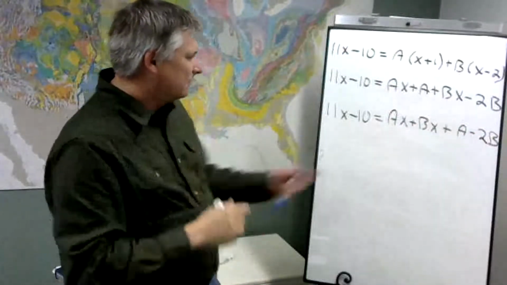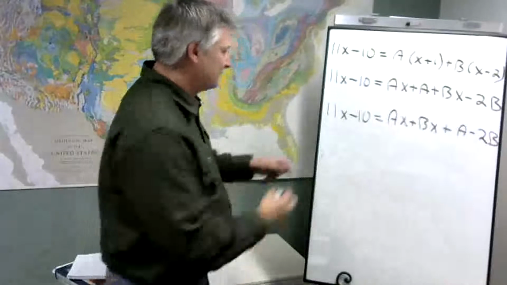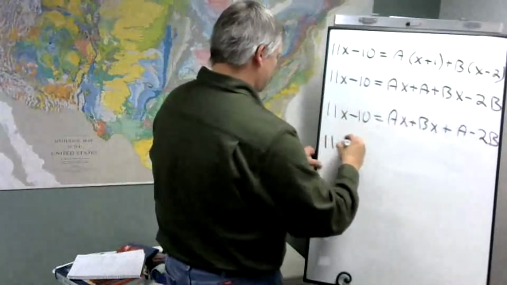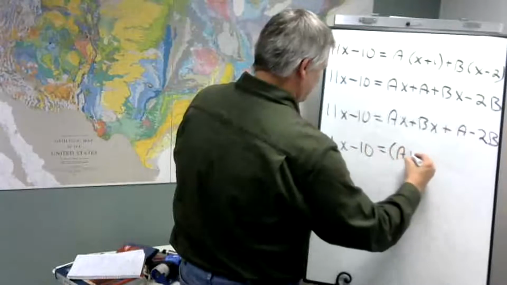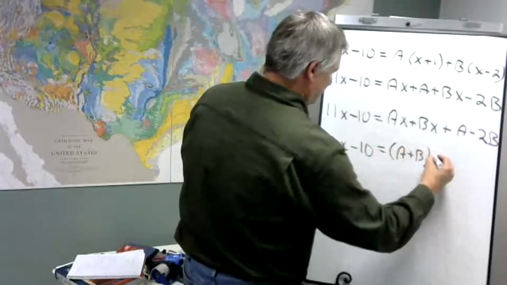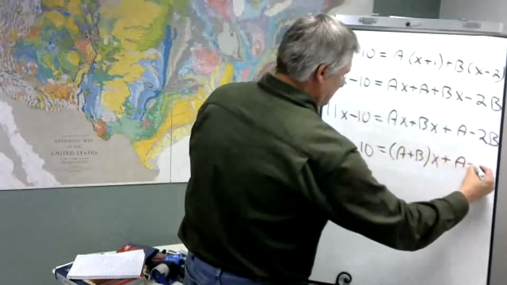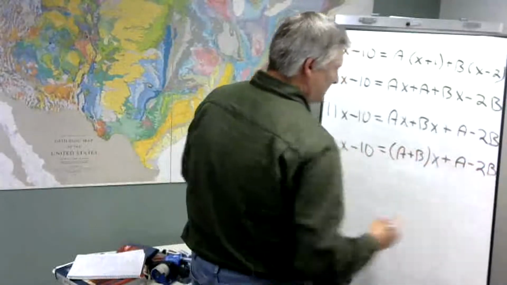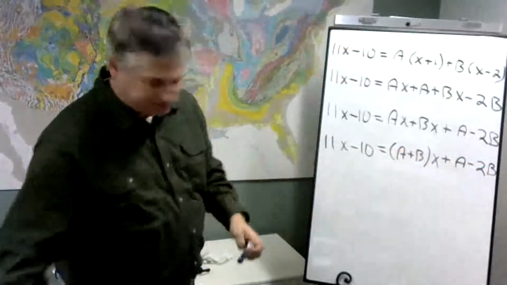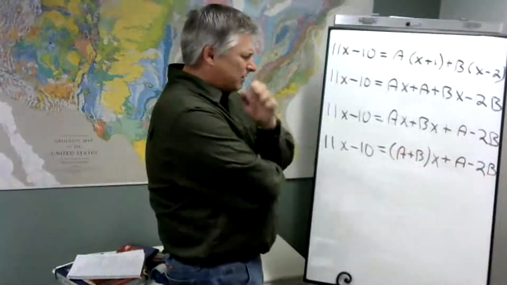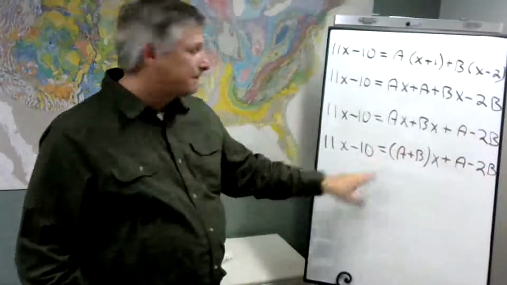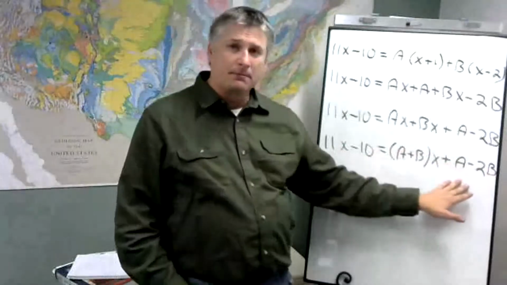So let's factor out the x. Now let's take a look at things. Our claim by this equal sign is that both sides are equal.